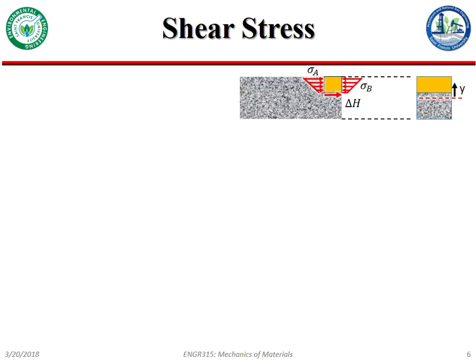And if I FOIL that out, and I'm going to bring the t up front, I get something like h squared over 4 minus y squared.